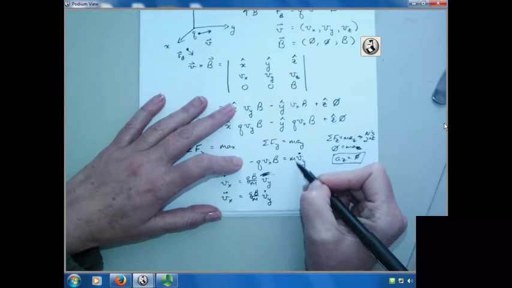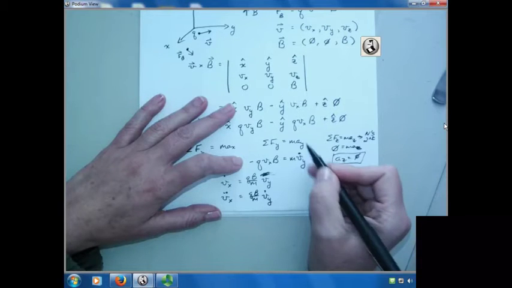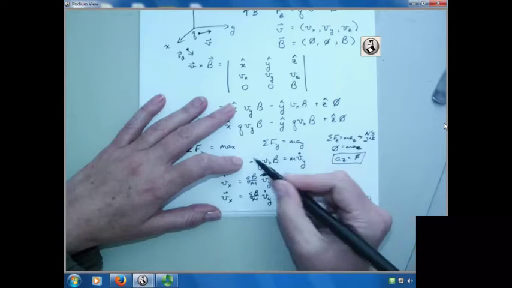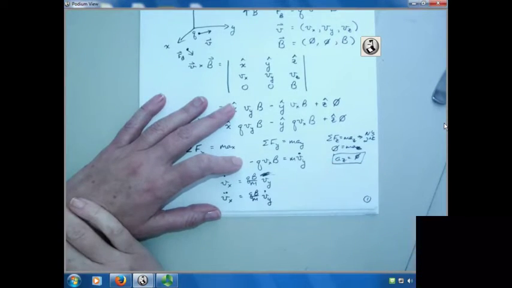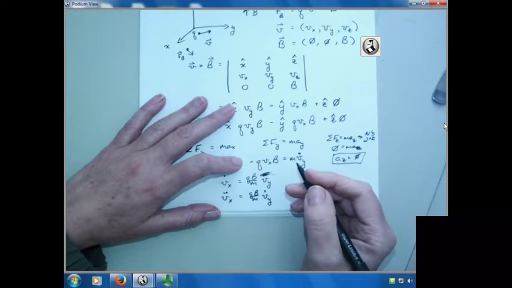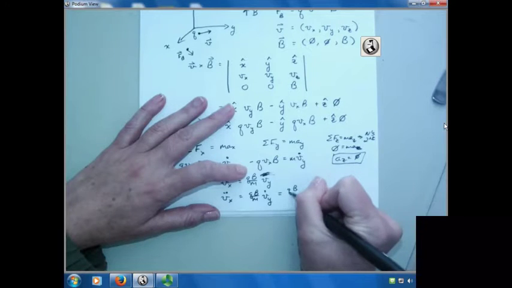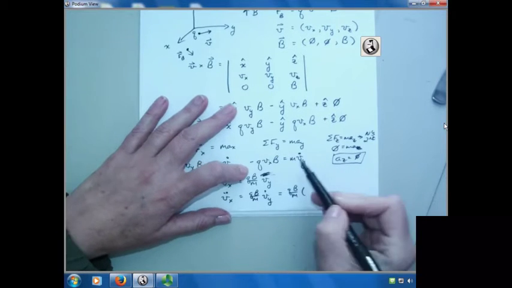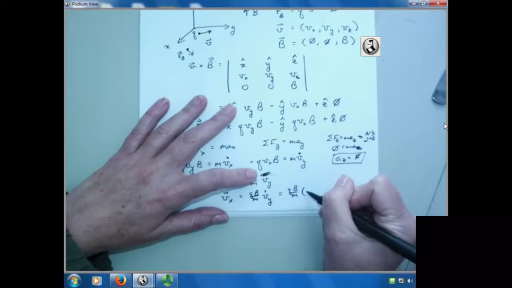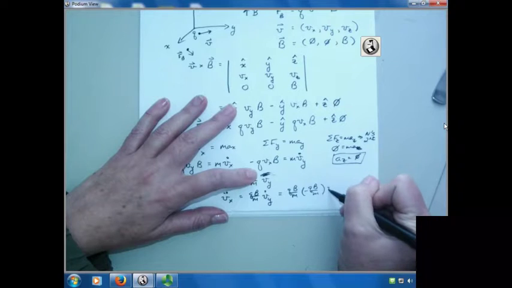Except that I have an expression for Vy dot from this y component's equation for Newton's second law. So from that, I'm going to go ahead and make a substitution. I've got QB over M times whatever Vy dot is, which is negative QB over M times Vx.